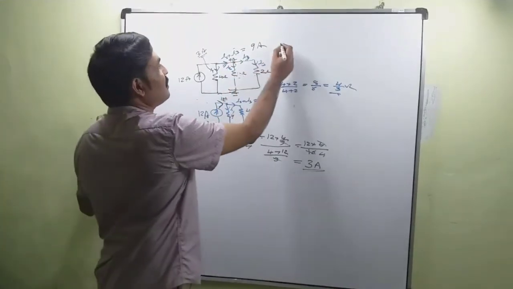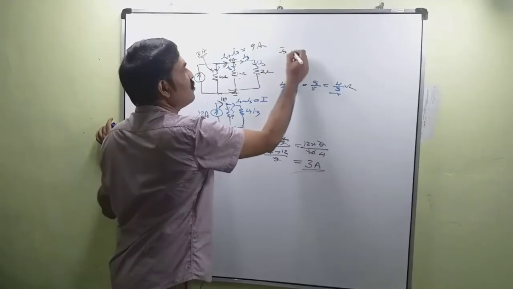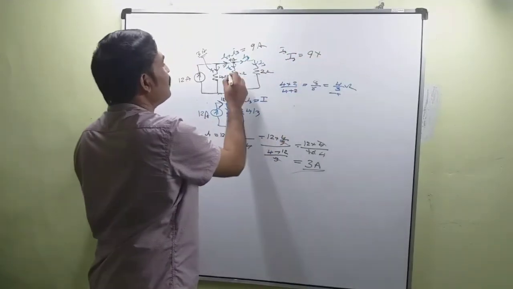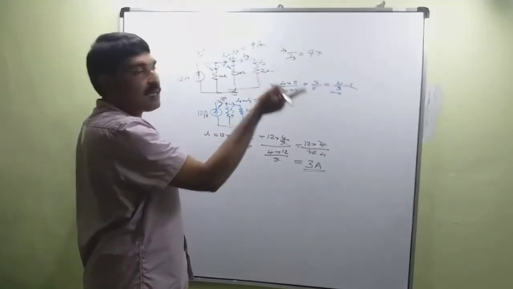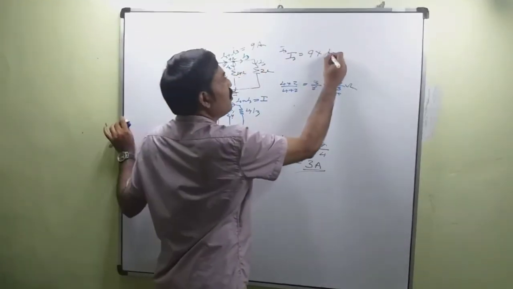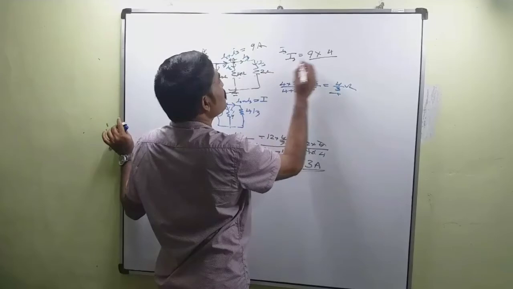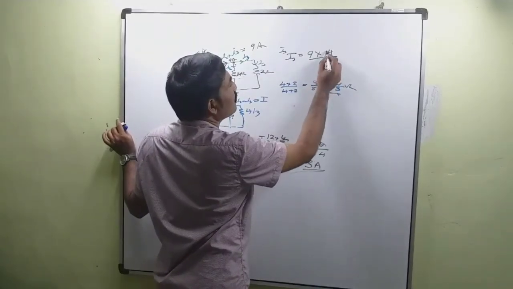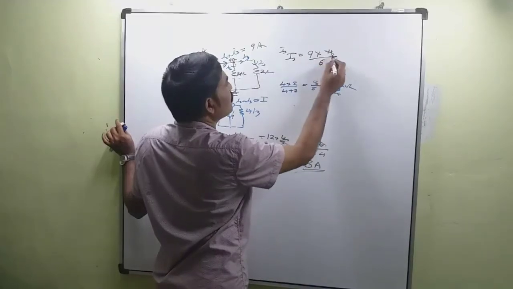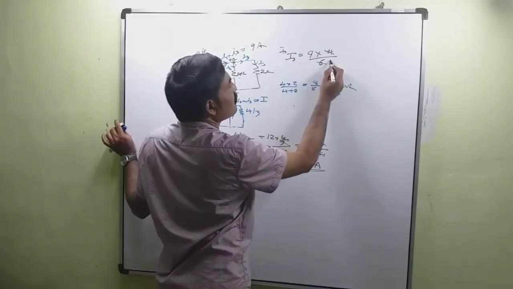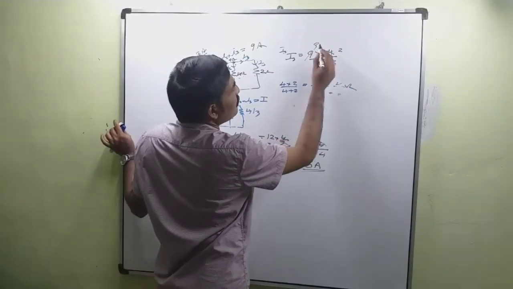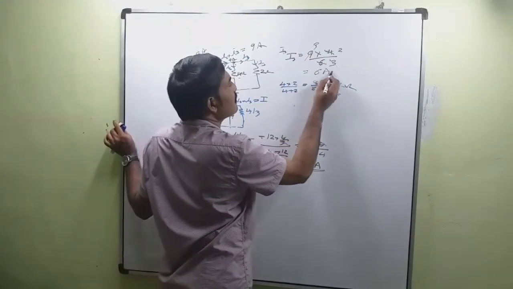Now I3 is equal to this 9 into the resistance in the other branch, 4, divided by total resistance 4 plus 2, that is 6. 9 into 4 by 6 is equal to 6 amps.